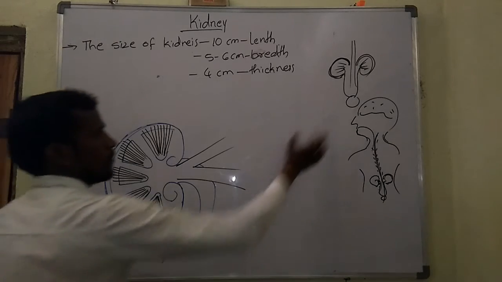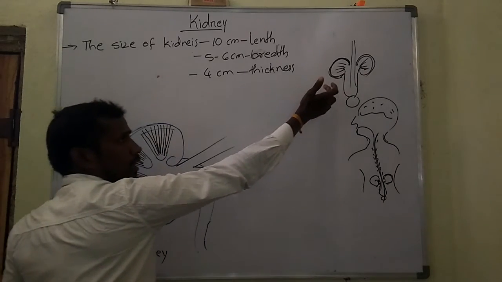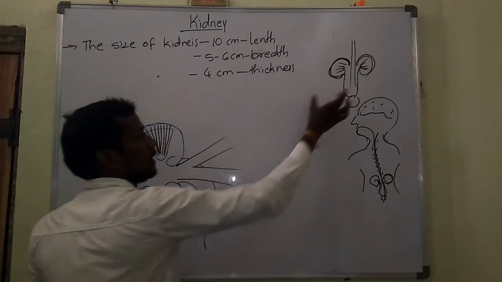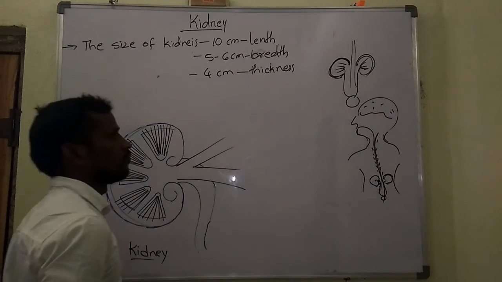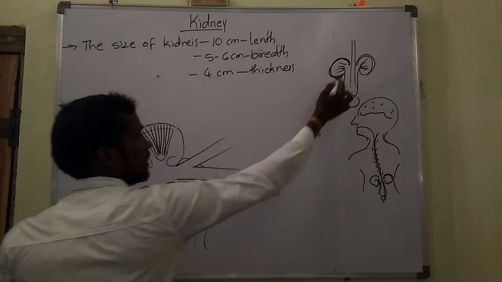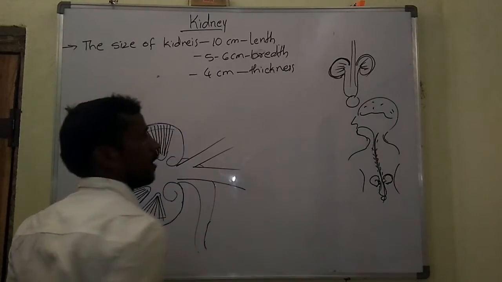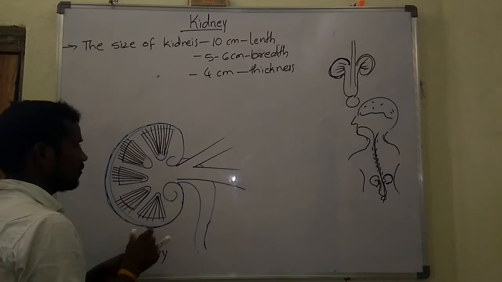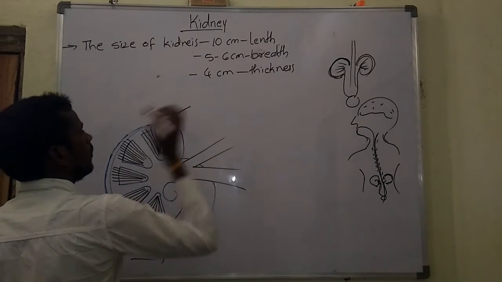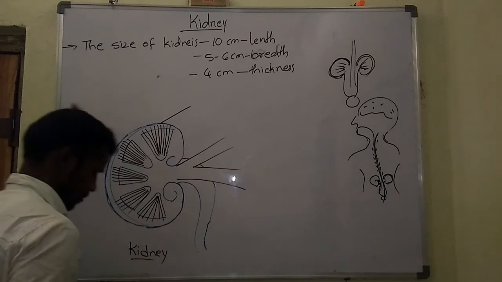Now each kidney, look at, now I am explaining only one kidney. Each kidney is convex on the outer side. So look at this one.